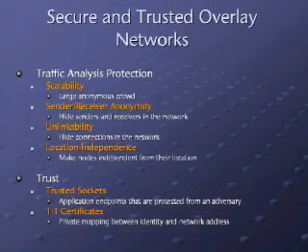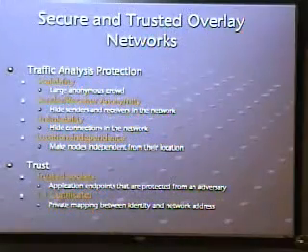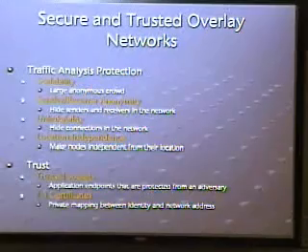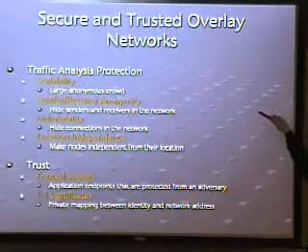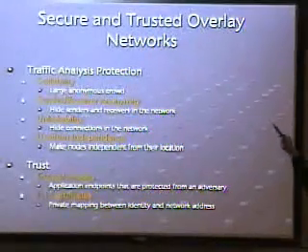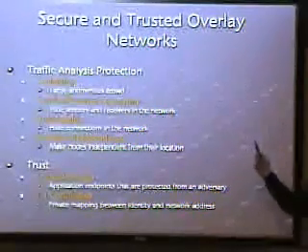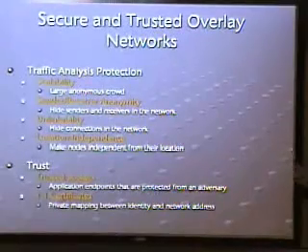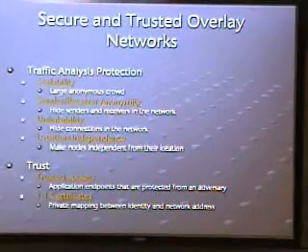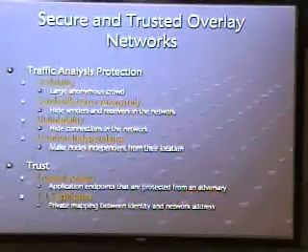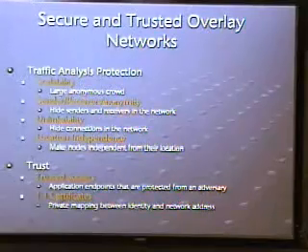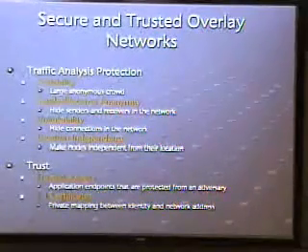So now we come to secure and trusted overlay networks. One thing is we want to protect against traffic analysis. That's the main goal of the work. One issue is that it has to be scalable. It has to be a large anonymous crowd. The more nodes we have, the better it is, the easier it is to hide messages.